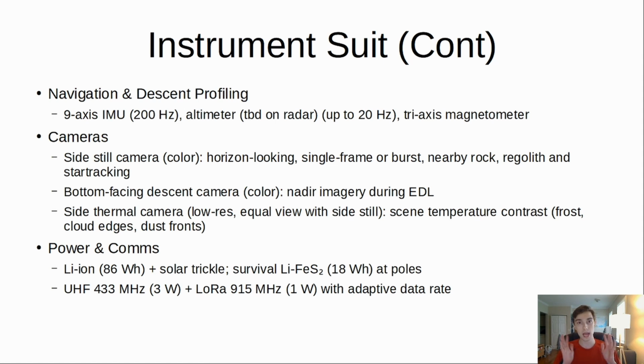And then we have the main mode that uses that main battery, that 86 watt hour battery, and it will survive if it dies from that battery because it'll go over to the survival battery. This is a backup battery with 18 watt hours right now, and it's a lithium iron sulfate battery. These are non-rechargeable batteries, but they hold very well and have basically near the highest energy capacity of a primary battery, which is a non-rechargeable battery.